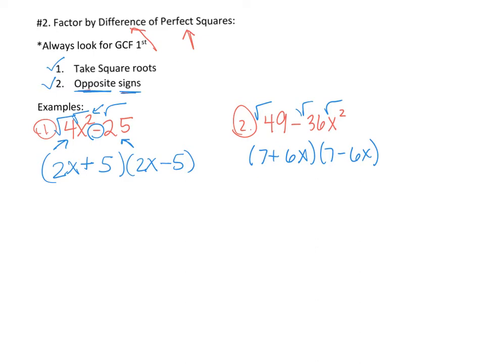Now notice up here I put we're always going to look for a GCF. So let's see what that might look like. Let's say that we had 2x squared minus 72. So when I first look at this, I'm like, well, it's subtraction, but they're not all perfect squares. So, oh gosh, I can't do it. No, that's not what it means.